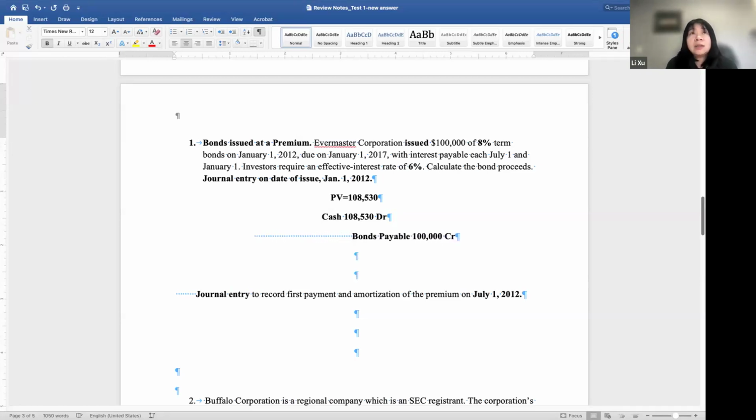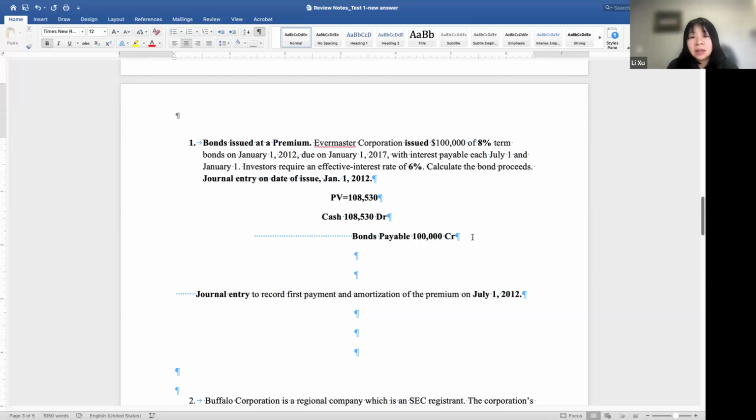This is really different from investment. For the investment, you just record your present value as a bond investment. But for liability, always use the face value for the payable.